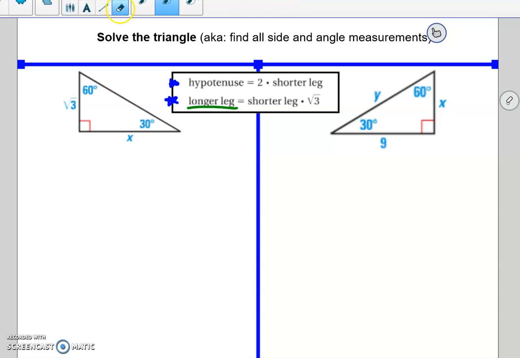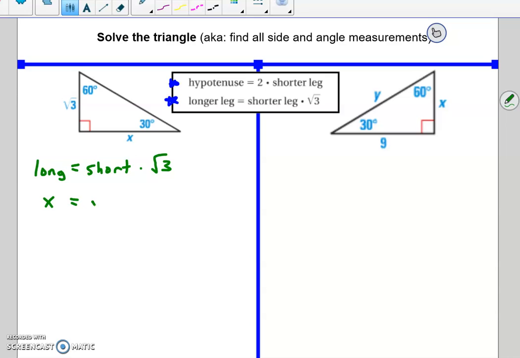So it makes sense to me that I'm going to use that bottom equation to begin with. So I'm going to write that out like I did before. The long side equals the short side times the square root of 3, and then plug in what I know. The long side is x. That's what I'm trying to solve for. The short side I do know is the square root of 3, and I'm multiplying it by the square root of 3.